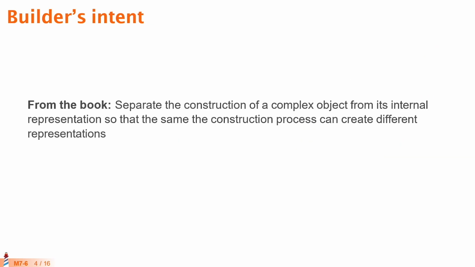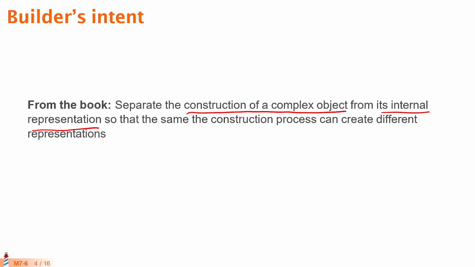If we read the motivation of the builder design pattern in the Gang of Four book, the design pattern book, we see that the idea is that we want to separate the construction of complex objects, of a complex graph of objects, from the user and encapsulate the internal representation of them: how they are built, how they are connected between each other, what the relationships are, their internal values.